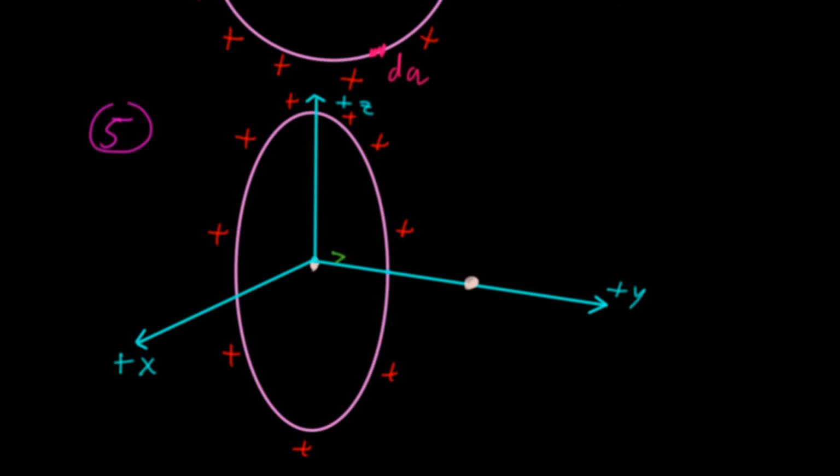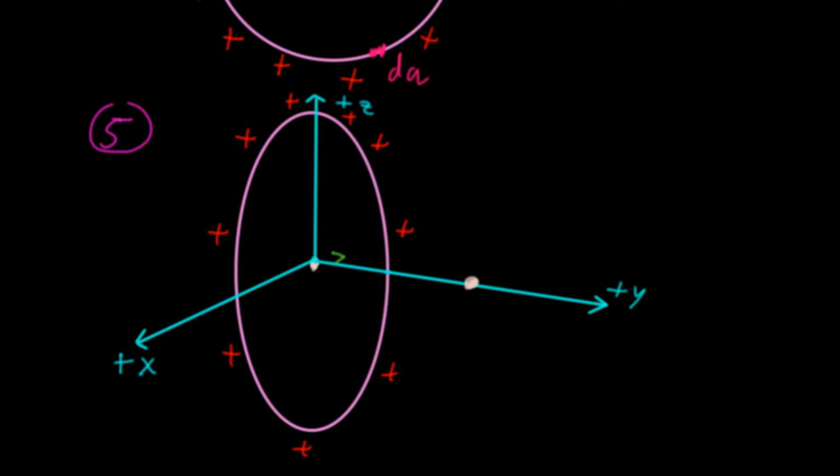So we want to imagine slicing up the ring into dQs again, an infinite number of dQs, and imagine what happens with their electric field vectors at this point, to see if a pattern emerges, if the vectors cancel each other, or maybe their components cancel in some way. So we're going to try a similar tactic to what we did up above.